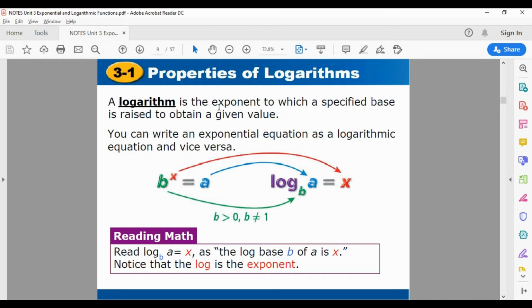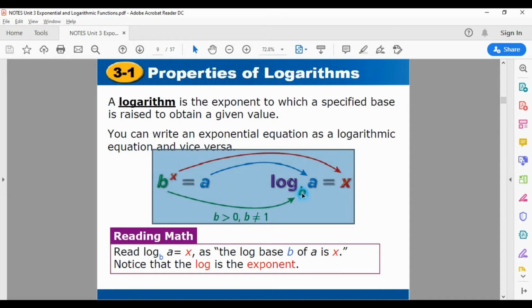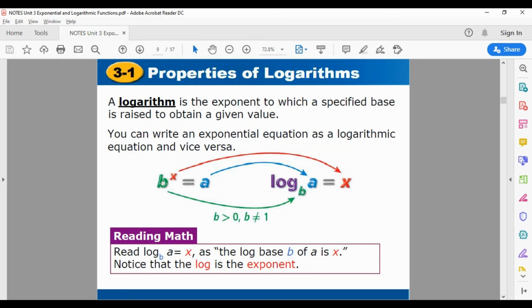So getting more specific into what a logarithm is, I mentioned at the beginning that the logarithm is the inverse of the exponential, and so we can write each in terms of the other. If you're given an exponential, you can write it as a logarithm, or if you're given a logarithm, you can write it as an exponential. Key thing to note: the base always stays the same.